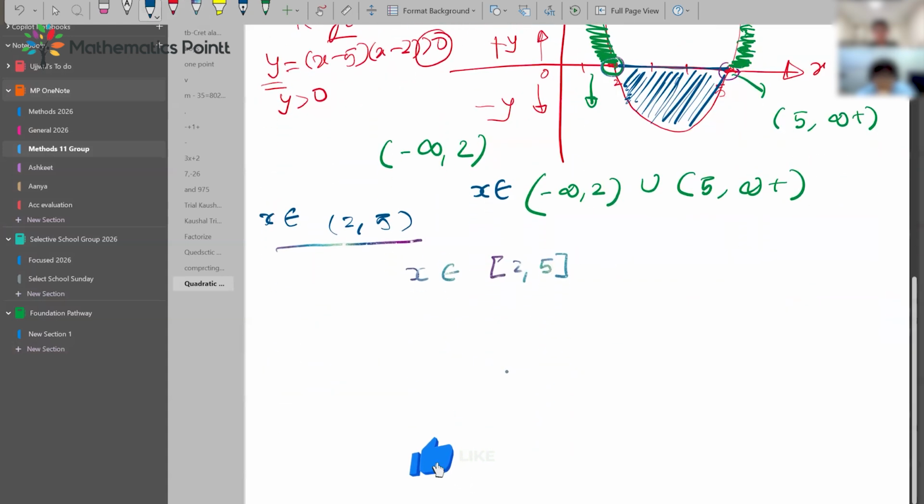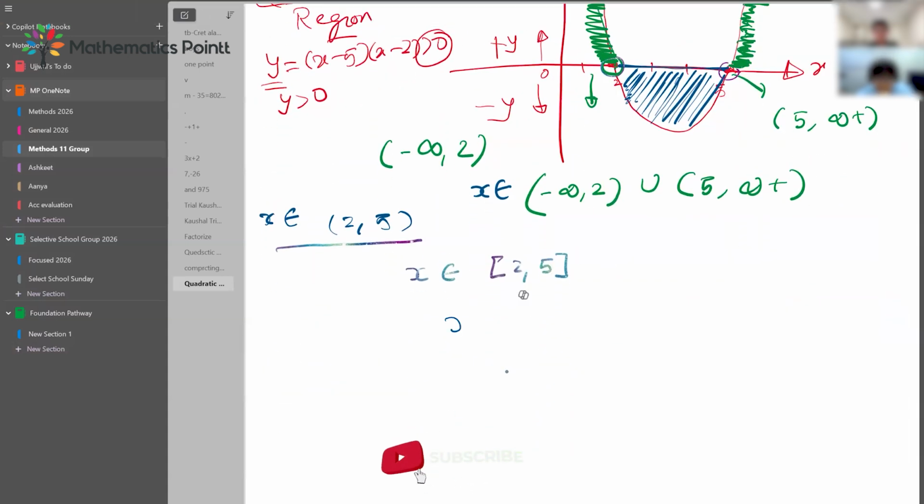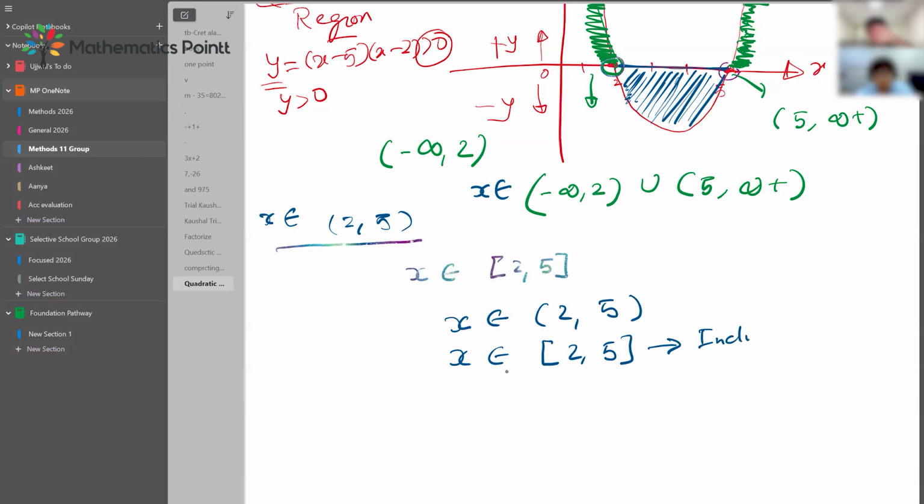the point is, when I say x belongs to round bracket 2 comma 5, and I say x belongs to square bracket 2 comma 5, it actually means that in this scenario, I'm including 2 and 5, and in here, I'm excluding 2 and 5.